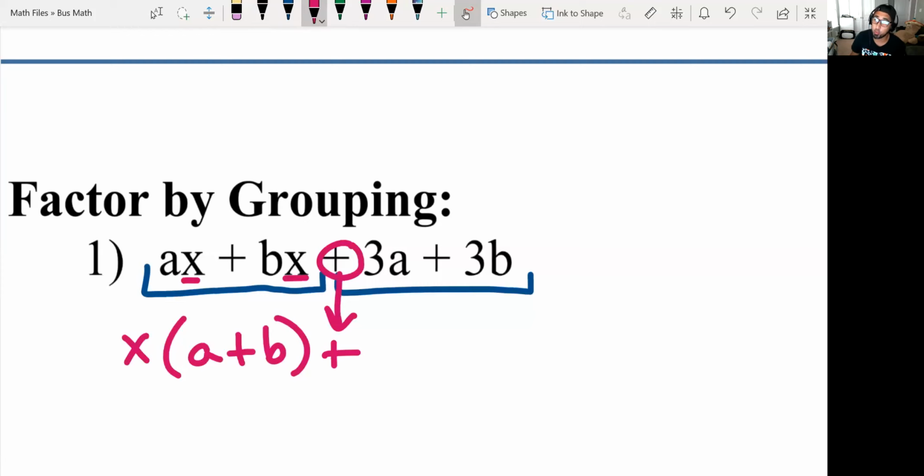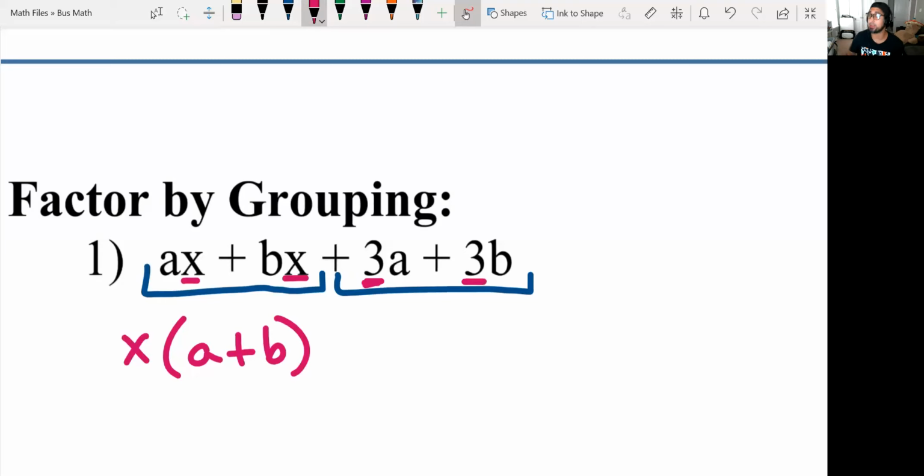It's a little trickier when you get to a minus sign. So you can bring the sign down, or we can wait to find out what we factor out of the next one. So let's look at the next term. You have 3a plus 3b. What is my greatest common factor here? You have a 3 and a 3.